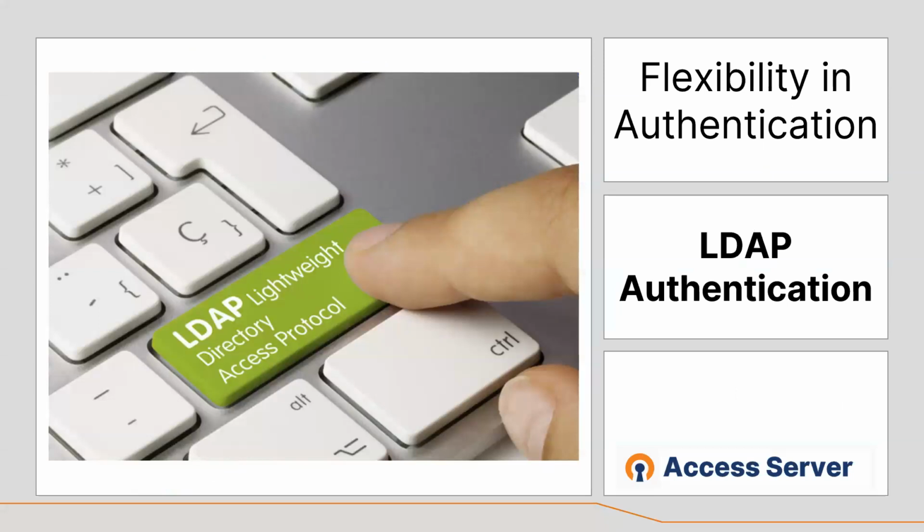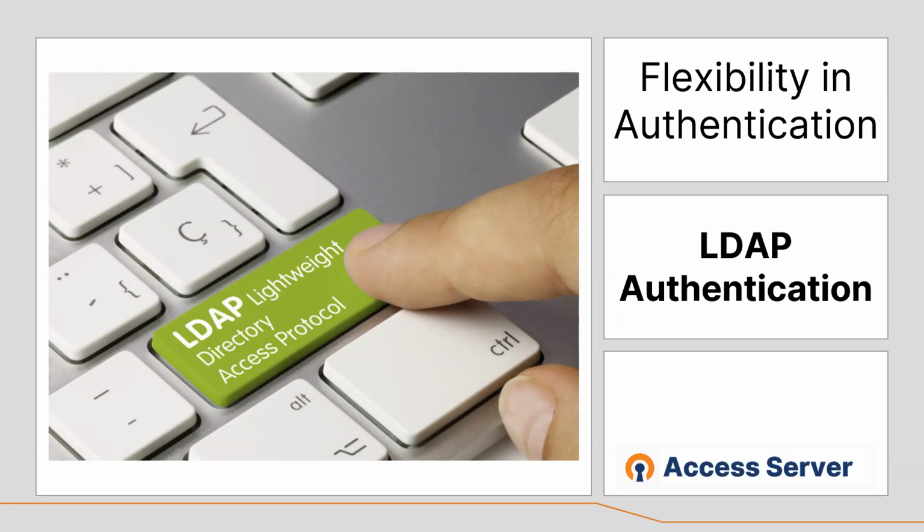Now, many organizations these days rely on LDAP, or Lightweight Directory Access Protocol, for user management, especially a lot of companies that are using Windows Active Directory, for example. Recognizing this, OpenVPN basically offers a seamless integration with LDAP authentication services.